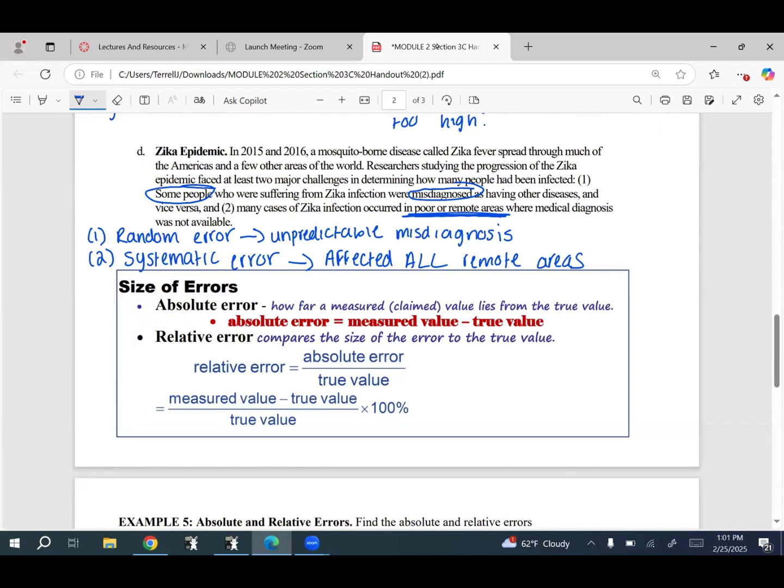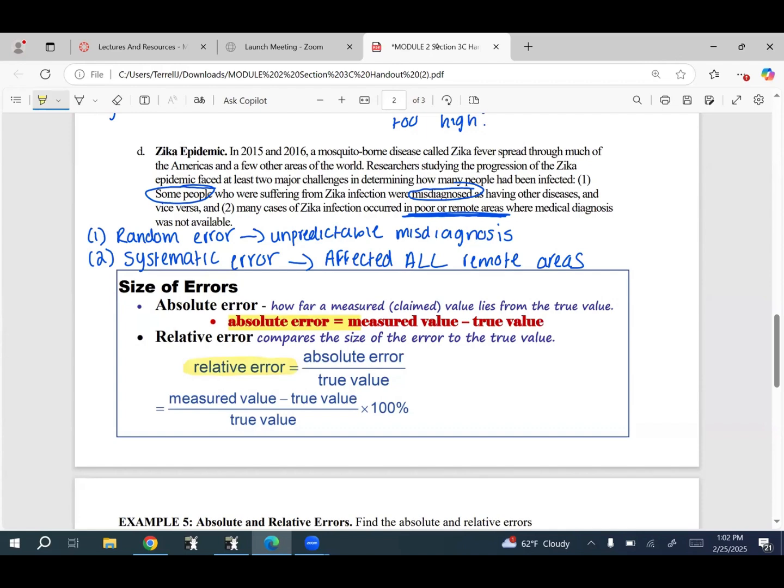And for absolute change, I just shortened the formula to new minus old. And new minus old divided by old was the relative change formula. Now we're talking about absolute error and relative error. Same concept, except we're dealing with error now, but there's still an absolute and a relative.